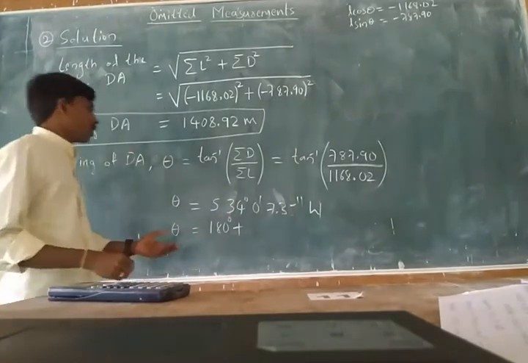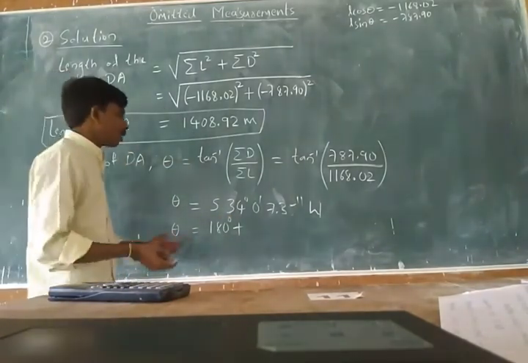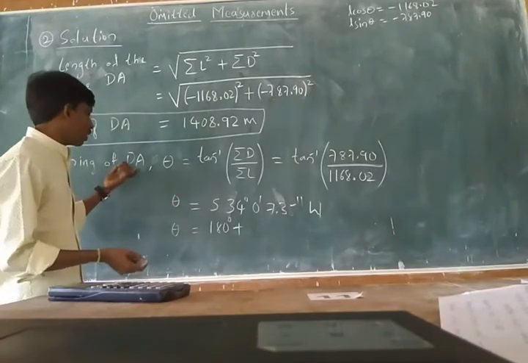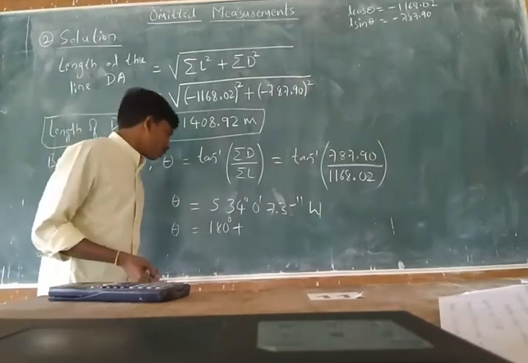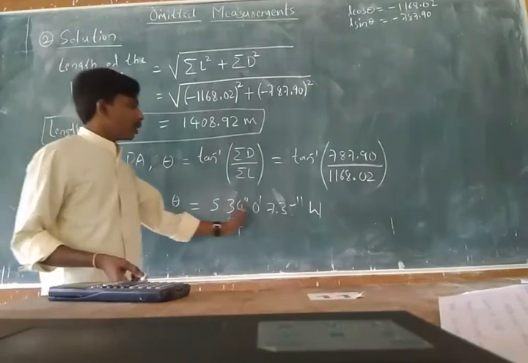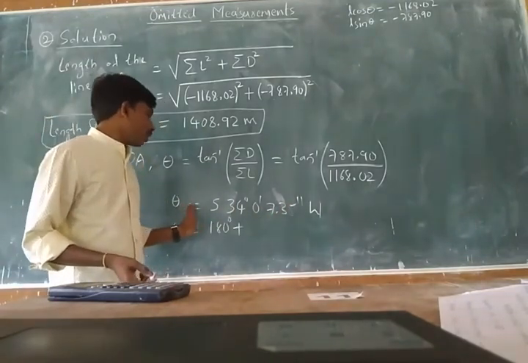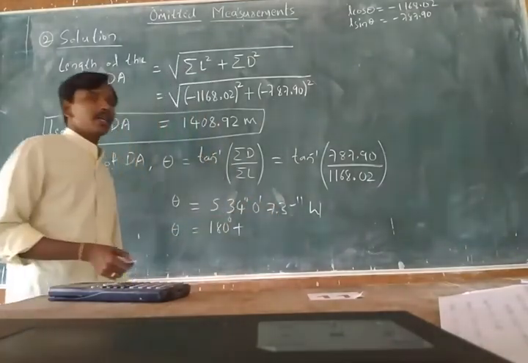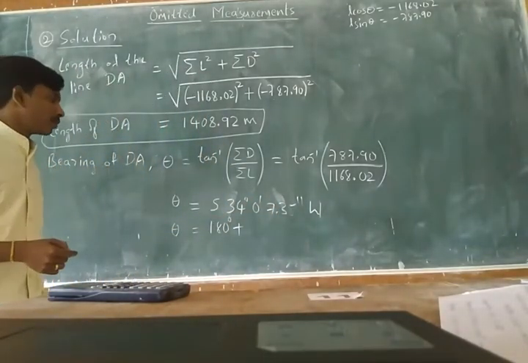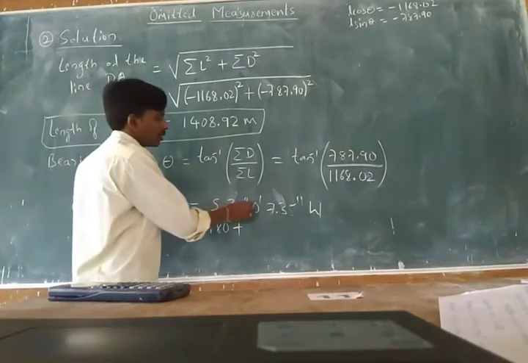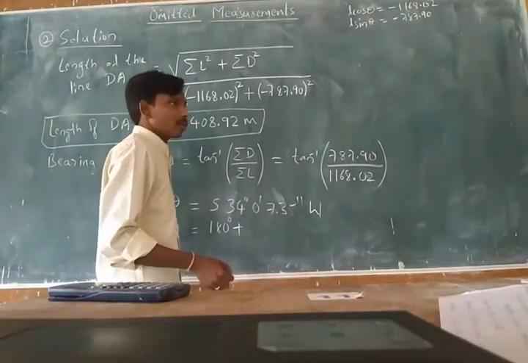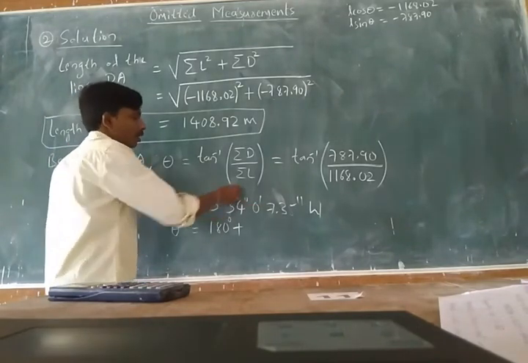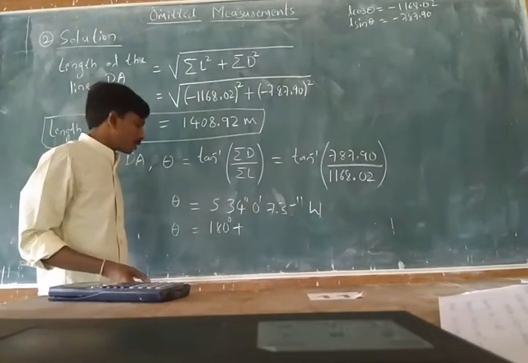Now we were converting the reduced bearing of line DA to whole circle bearing. As the bearing theta lies in the third quadrant, that means the whole circle bearing is greater than 180 degrees, while the quadrantal value is less than 180 degrees. So we have to add 180 degrees to make this quadrantal bearing a whole circle bearing.